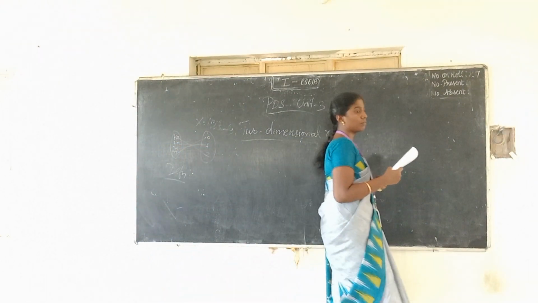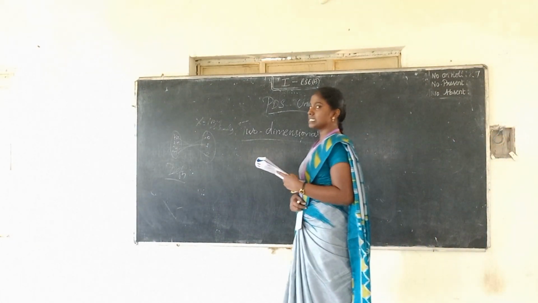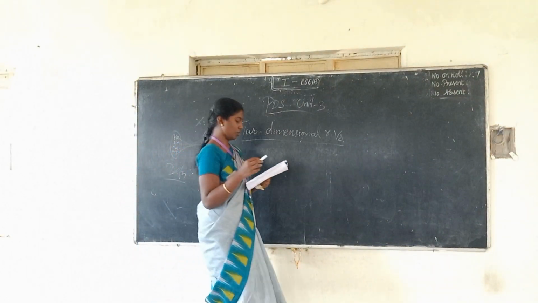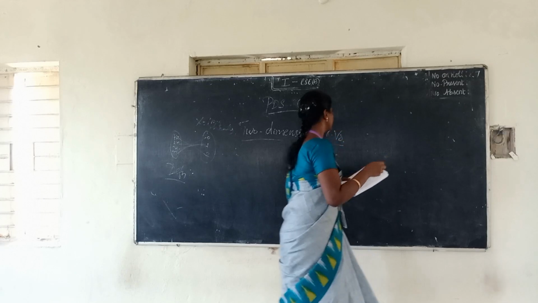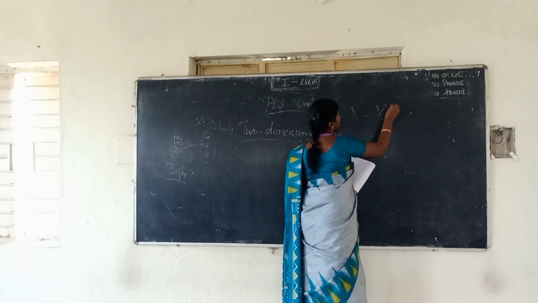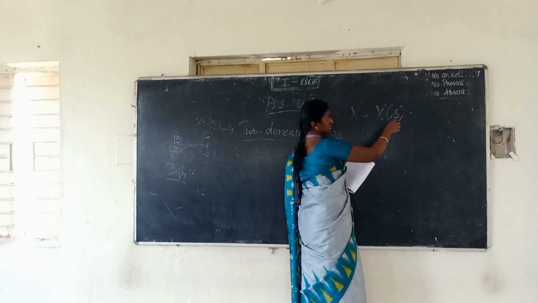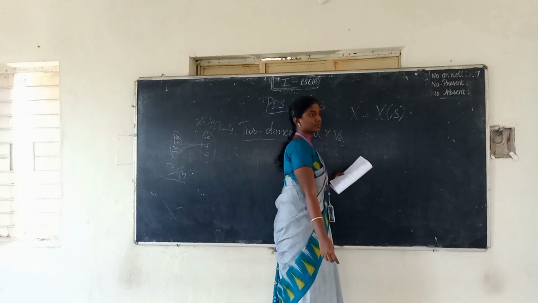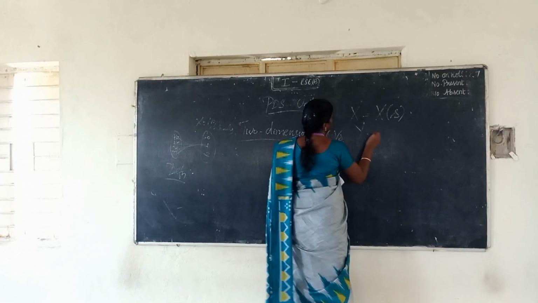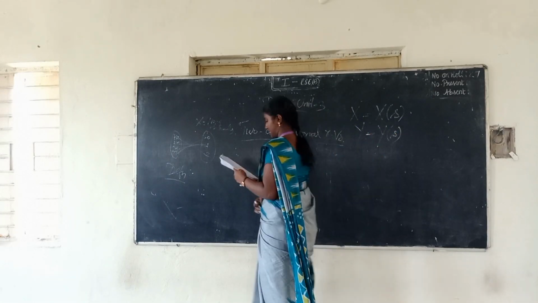Let X equal to X of small s, where capital S is the sample space and this is small s, and Y equal to Y of s.